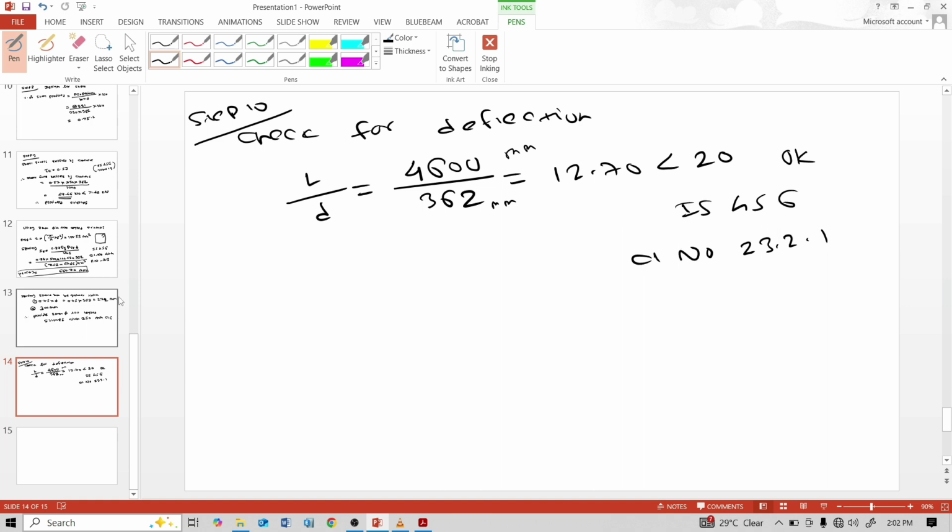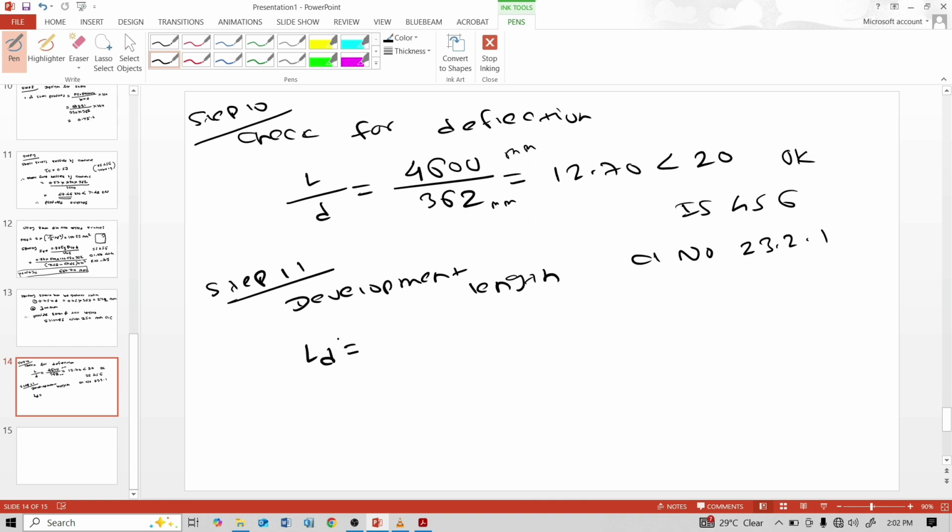Next is development length. Step 11. Ld. This development length formula we get from IS 456 page number 42.